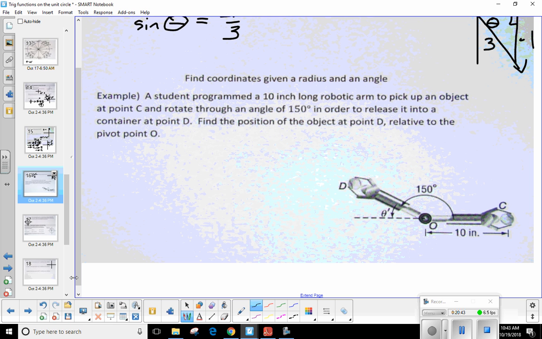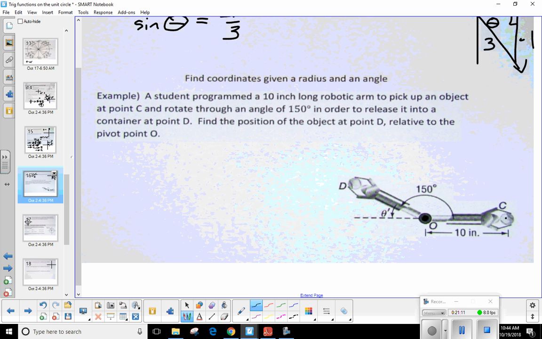It says a student programmed a 10-inch long robotic arm to pick up an object at point C and rotate through an angle of 150 degrees in order to release it into a container at point D. Let's say this pivot point right here in the middle is my origin. So we're putting the circular pattern that this robotic arm is going to revolve through on a coordinate system.